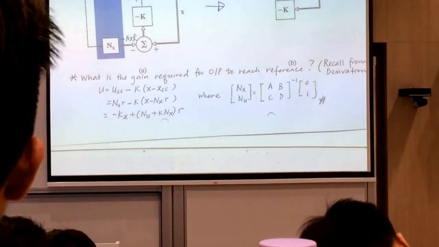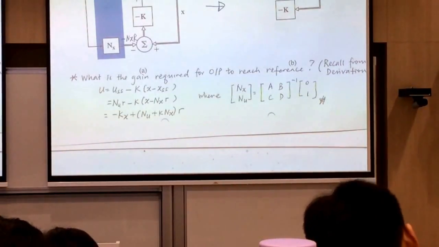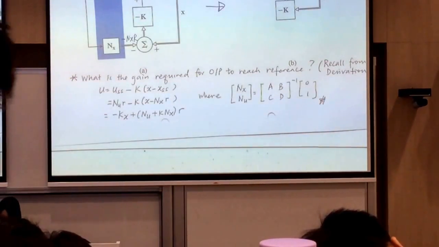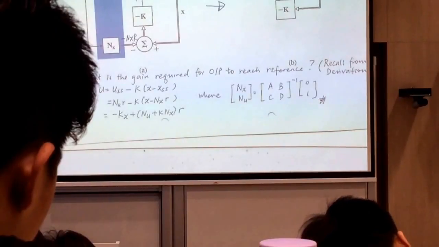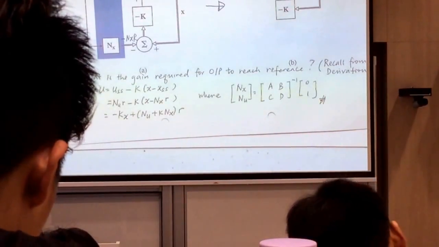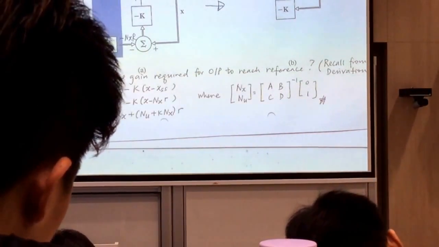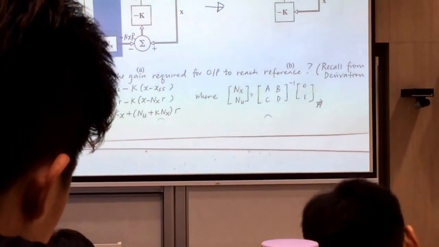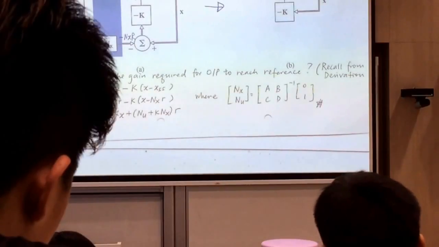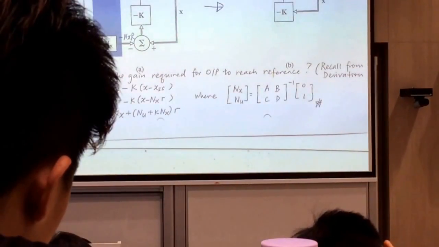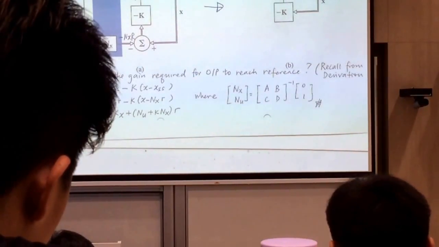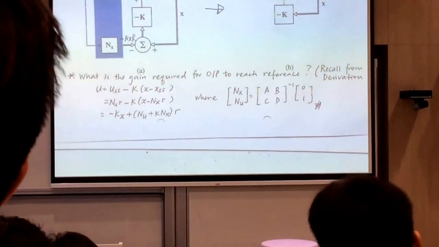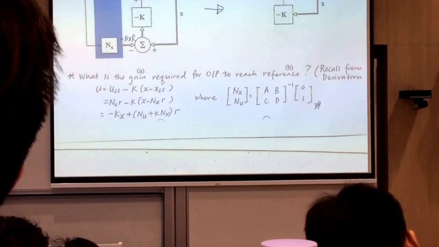Alright, but the best is to give us everything. Okay, so can all of you understand how we derive this and this? Alright?